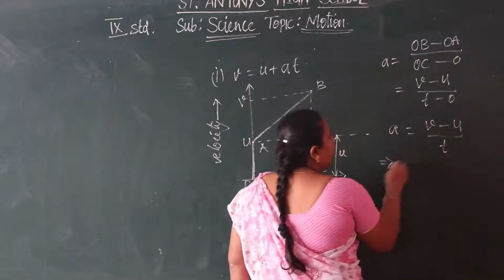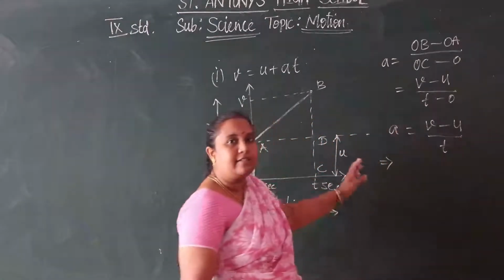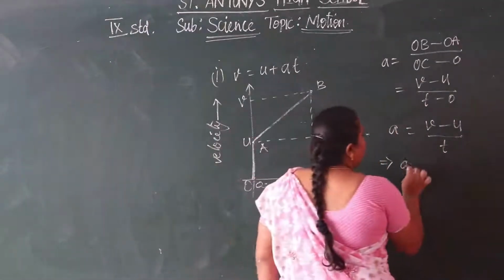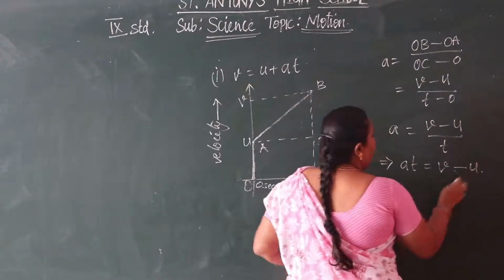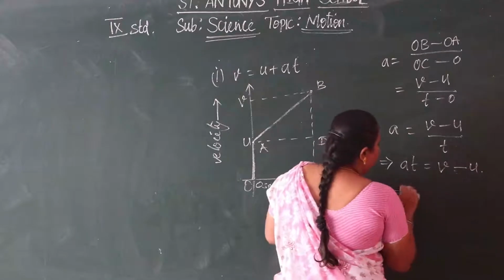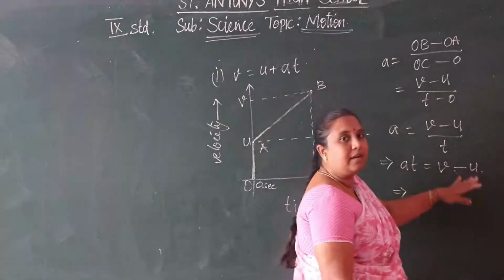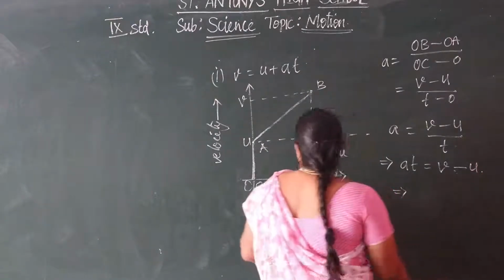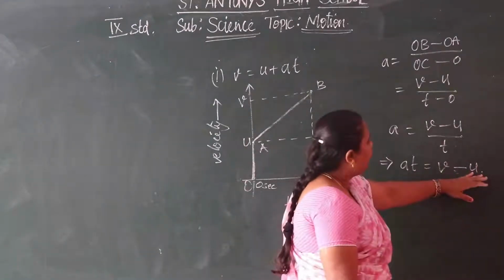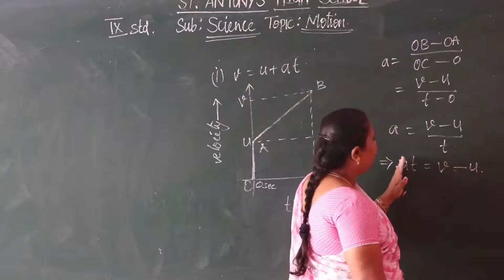So this T comes to the LHS side. So AT equals V minus U. This minus U comes to the RHS side.